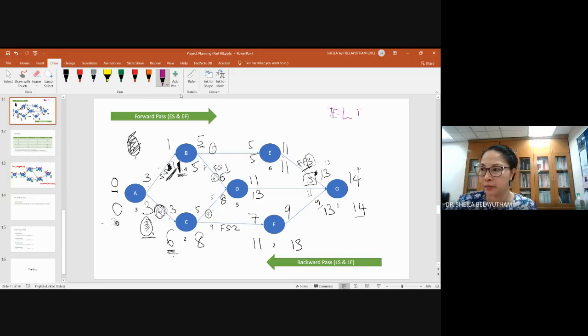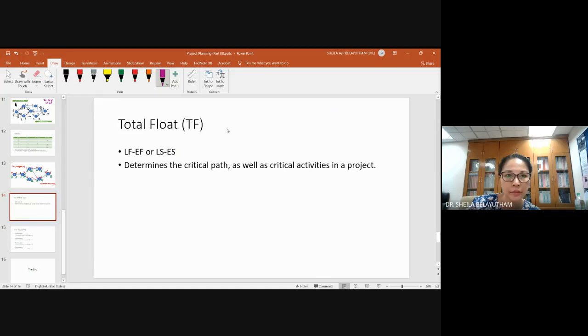Okay, so total float is basically your late finish minus your early finish, or your late start minus early start.